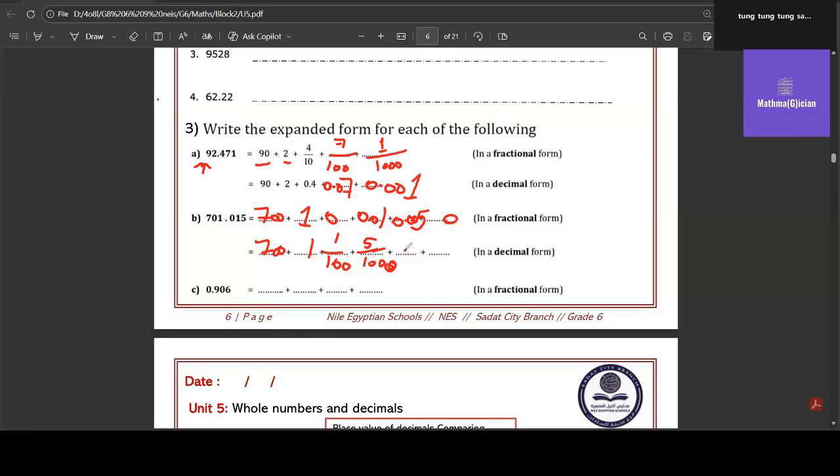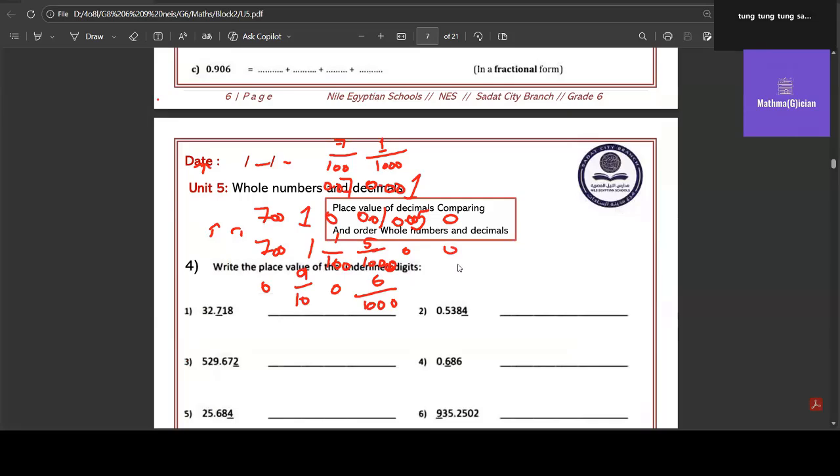And the last one has only 2 zeros, in the tens and tenth places. In fractional form, 0.906 is 0 and 9 over 10, 0, 6 over 1,000, which is 6 out of 1,000.